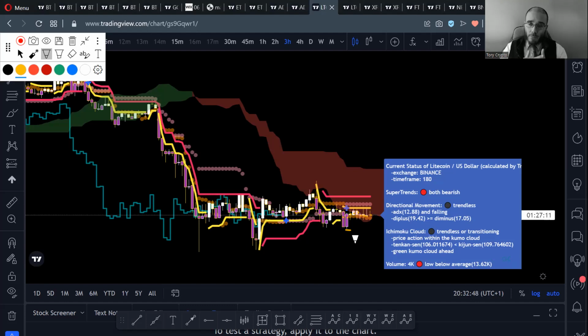Then the next thing, once you are in your position, is to put a stop loss. And we will use a trailing stop loss on Ichimoku, and the trailing stop loss will be the Kijun. So here the Kijun is again in that level up here.